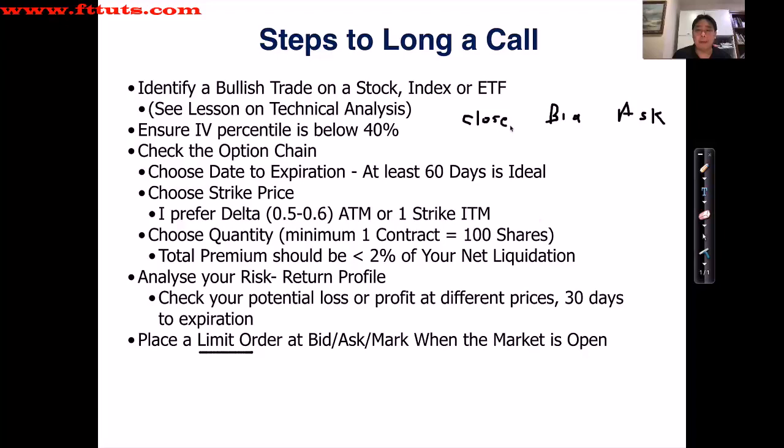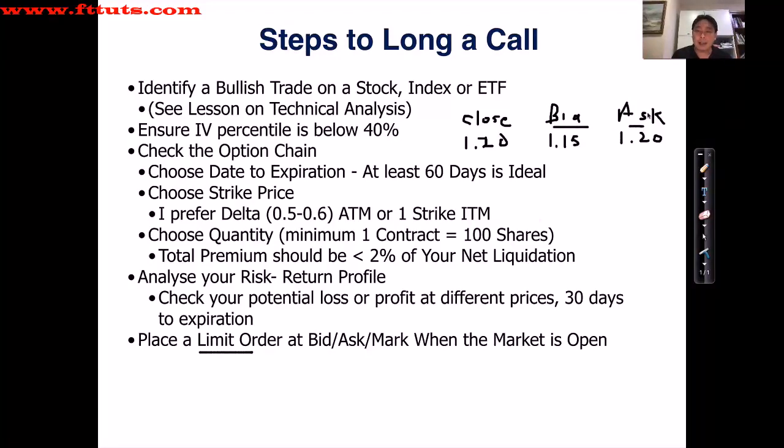So for example, the ask could be $1.20. The bid could be $1.15, and the close, which means the last transacted price, could be, again, maybe $1.20, for example. Right? So what does bid and ask price mean?